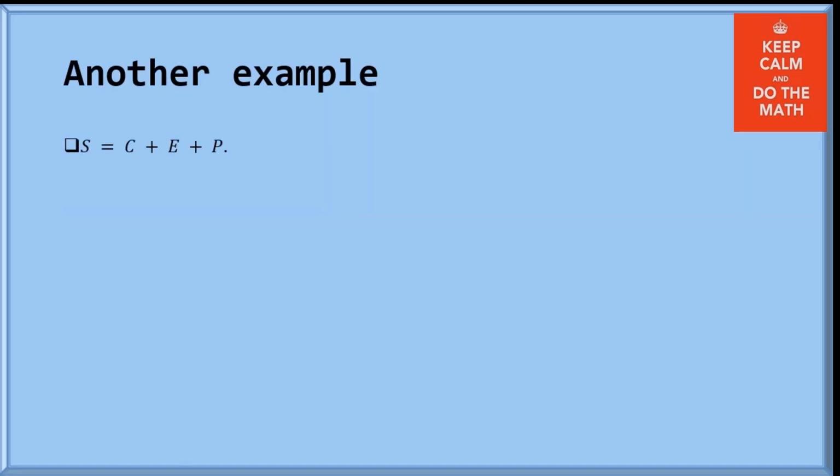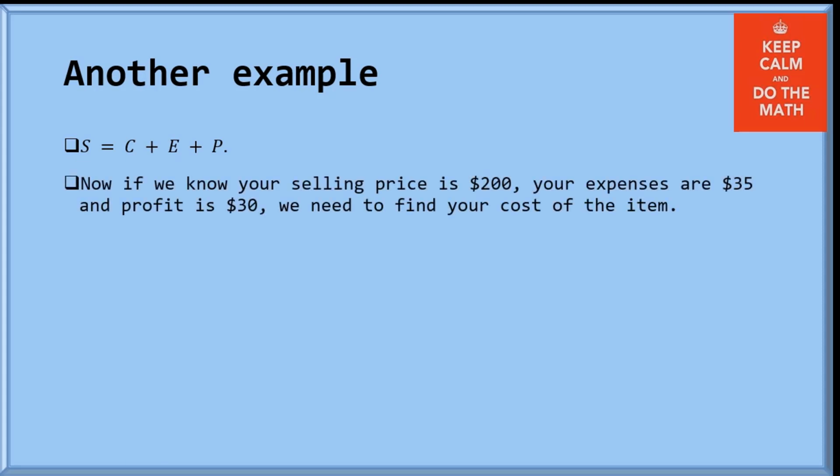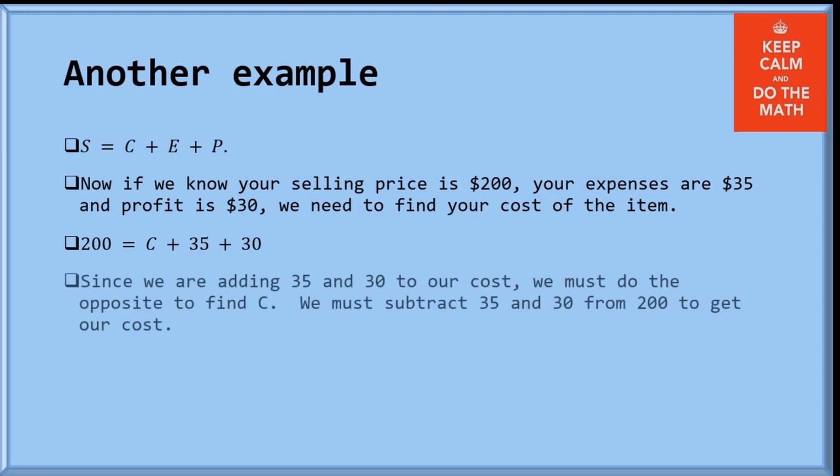Let's take a look at another example. Now here we have our formula again, selling price equals cost plus expenses plus profit. Now, if this time we know your selling price, which is $200, you know your expenses are $35, and your profit is $30. We need to find the cost of the item. So again, I plug everything into the formula. 200 equals C plus 35 plus 30.